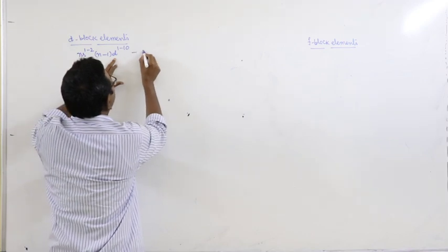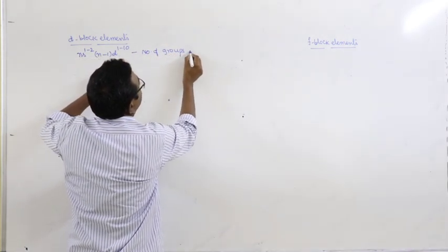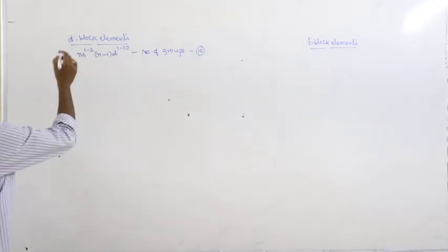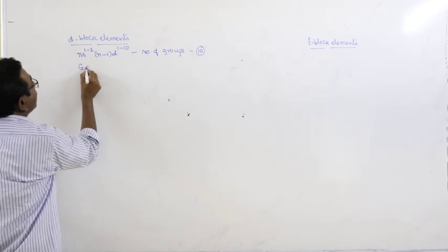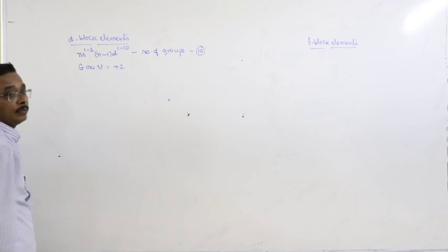So the total number of groups in the d block is equal to 10. And they exhibit the general oxidation state of +2.